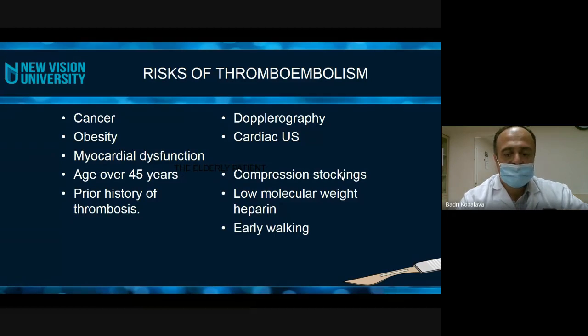The blood test which is used to control the blood coagulation state is called APTT, activated partial thromboplastin time. But low molecular weight heparin does not need such strict control, and can be used after discharge of the patient at home.